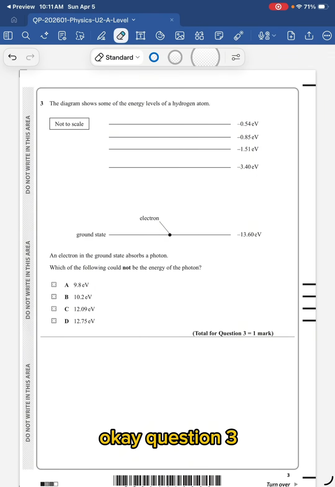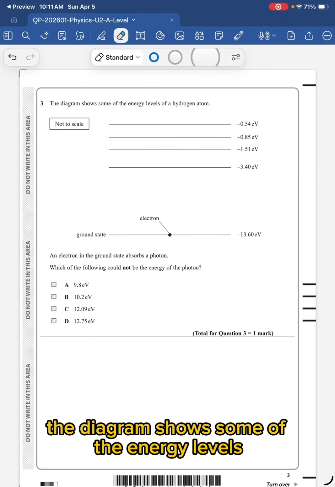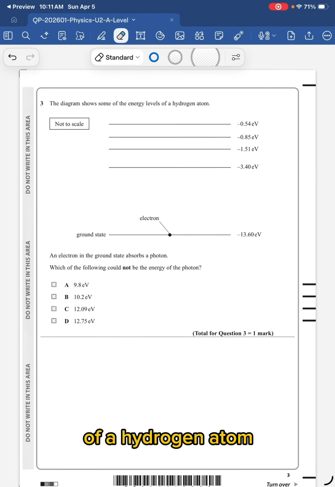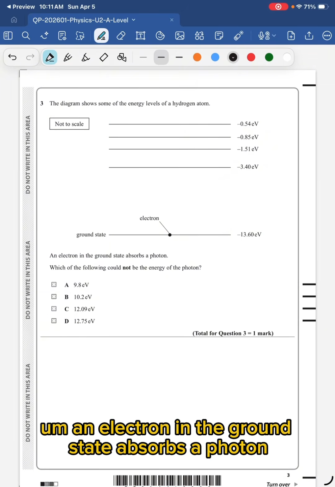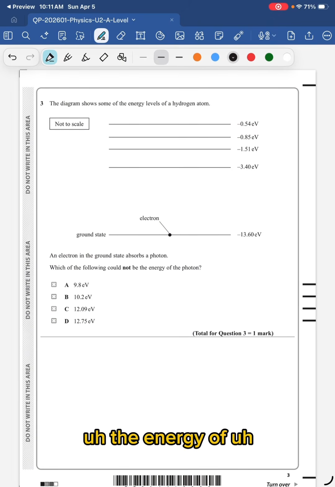Okay, question 3. The diagram shows some of the energy levels of a hydrogen atom. An electron in the ground state absorbs a photon. Which of the following could not be the energy of the photon?